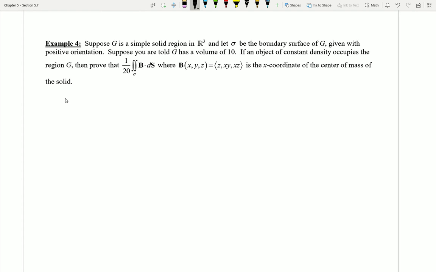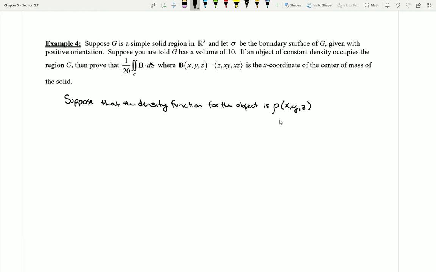Let's start with at least this idea of the center of mass that's brought up here, and this concept of density. So let's suppose that the density function for the object is rho of x comma y comma z.